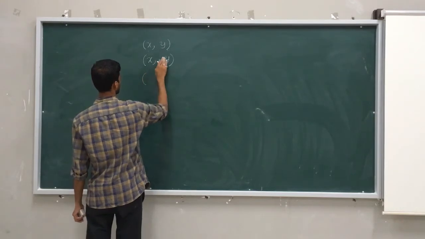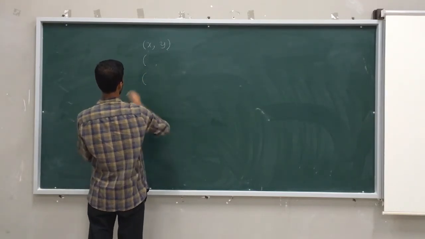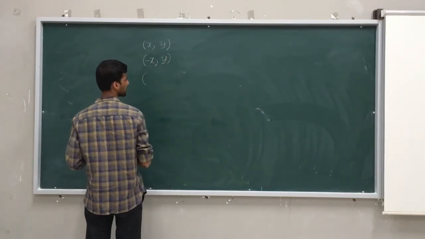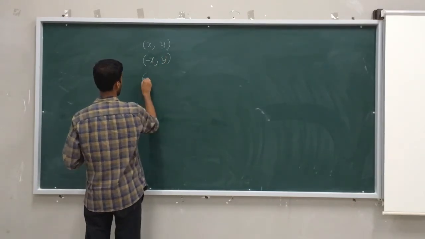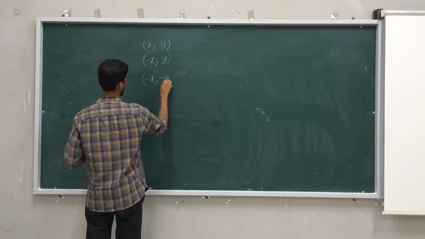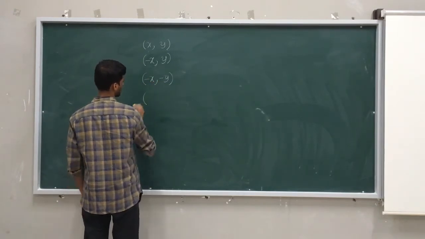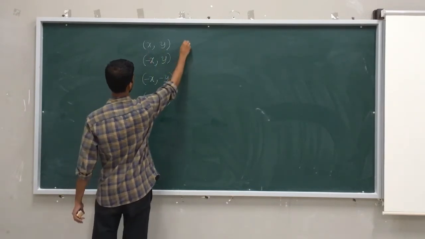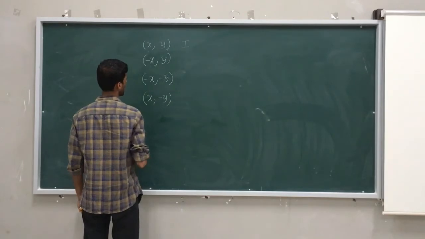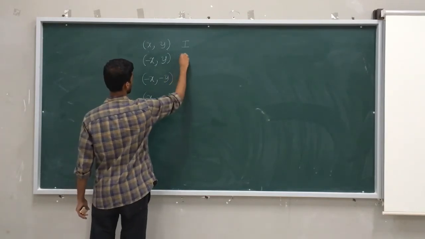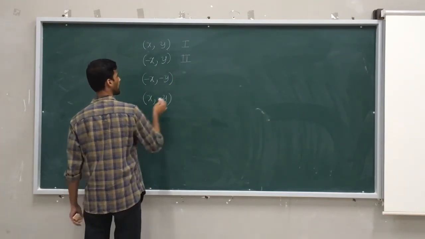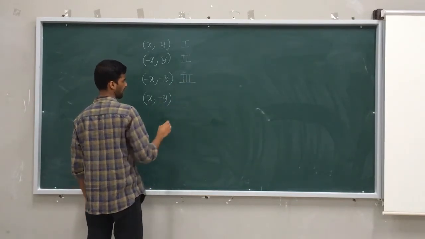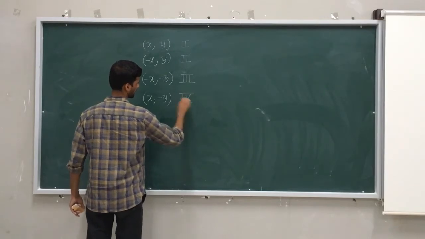Second case is x negative, y positive. Third case is x negative, y also negative. Fourth case is x positive, y negative. We all know both are positive in the first quadrant, x negative and y positive in the second quadrant, both negative in the third quadrant, and only x positive, y negative in the fourth quadrant.